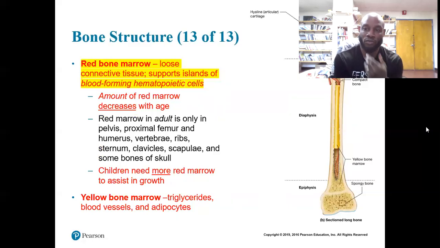They need a lot of red blood cells, the higher production of red blood cells. As we get older, we're not having as much growth and development, so our bodies don't require as many red blood cells as when we are younger and the body's growing and needs that constant influx of oxygen and red blood cells, right?